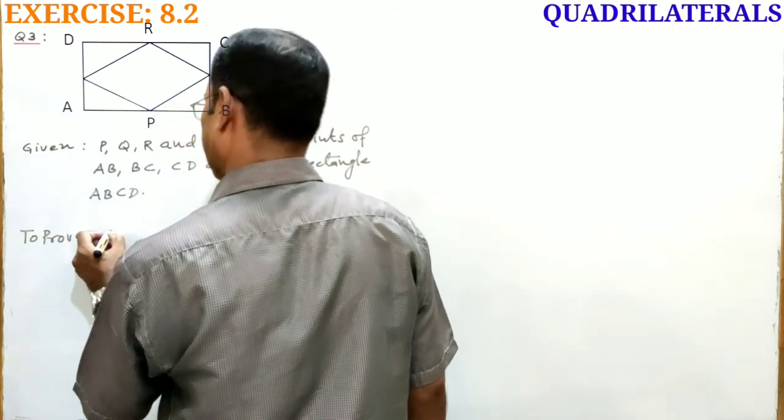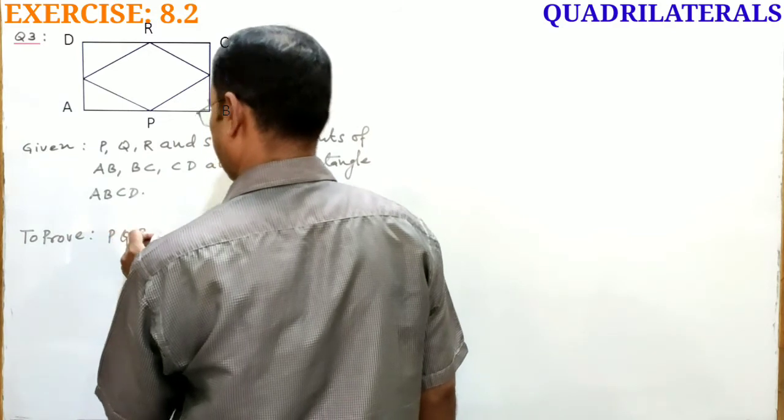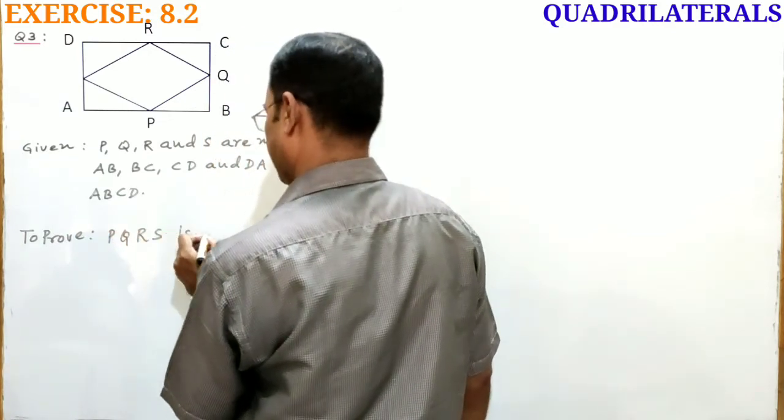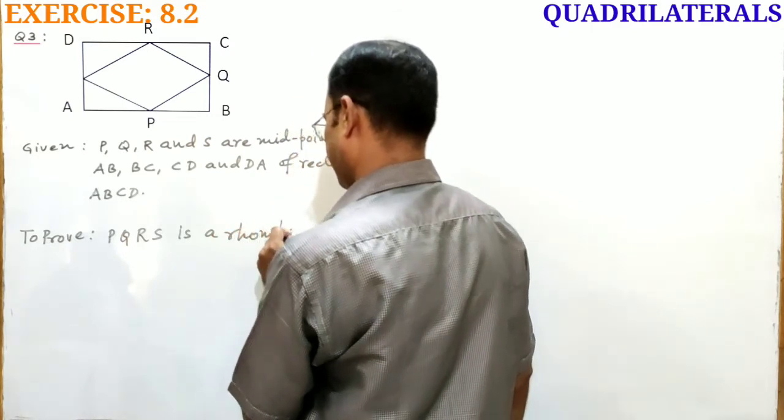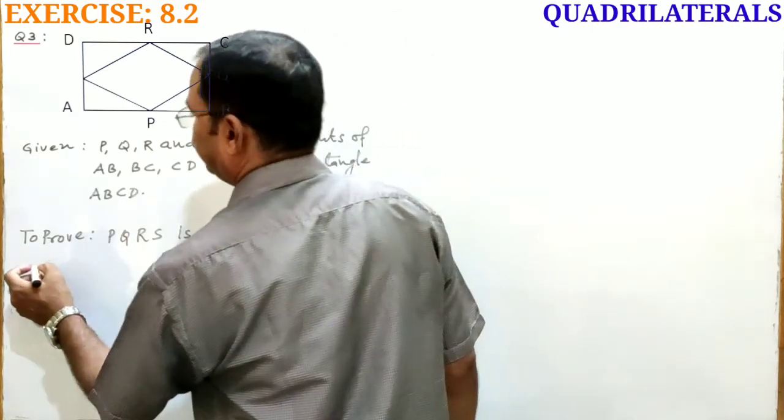We have to prove that PQRS is a rhombus.